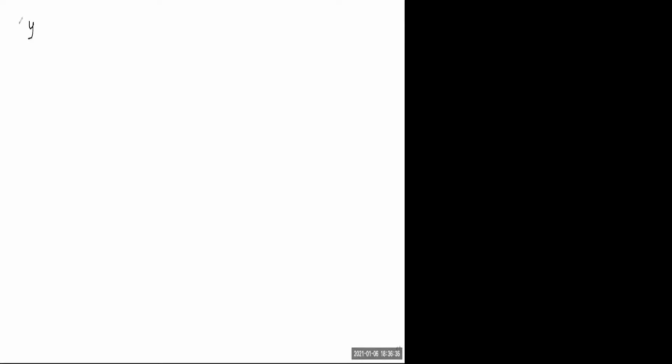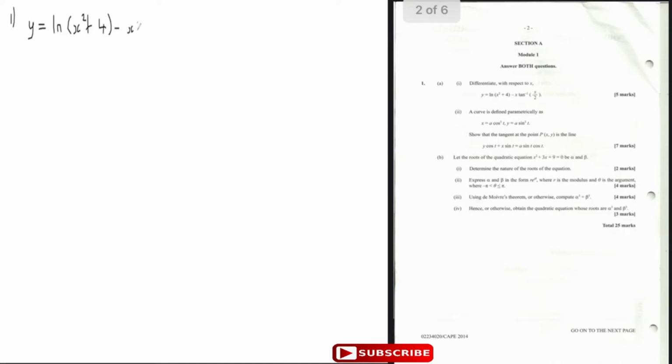The first part of question 1 says differentiate with respect to x. Cool. So it tells us that y is equal to ln(x squared plus 4) minus x tan inverse (x over 2).